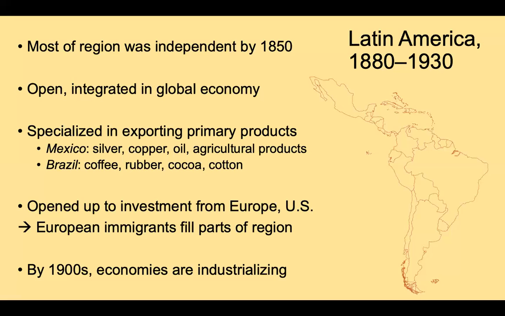These primary commodities became central to the economic profile of these countries, and they became quite dependent on these exports. When the Latin American economies began to open up to investment from Europe and the United States at the end of the 1800s, European immigrants began to fill all parts of the region.